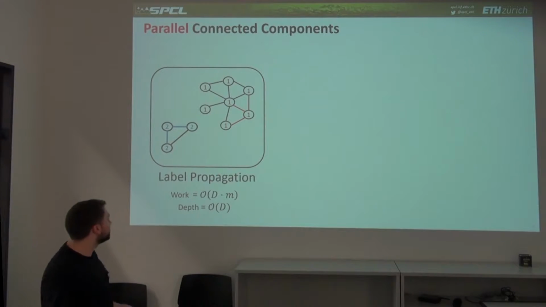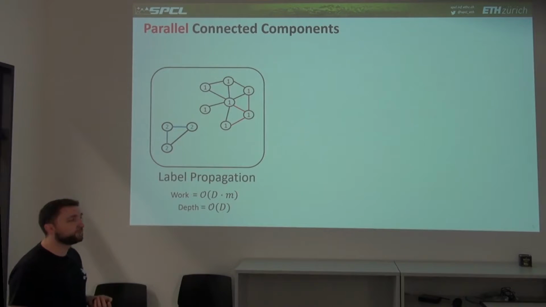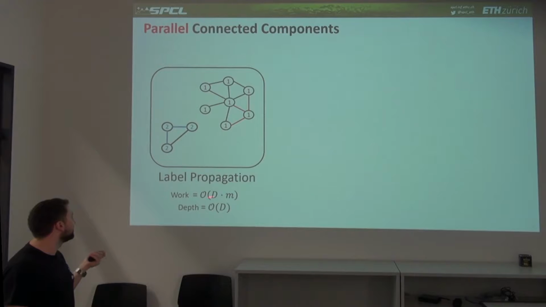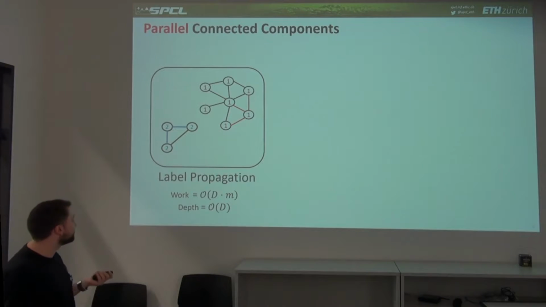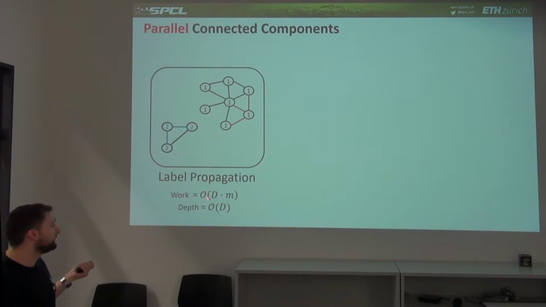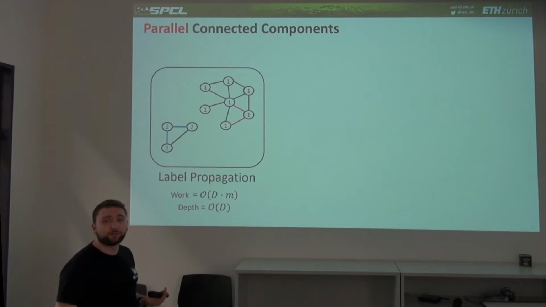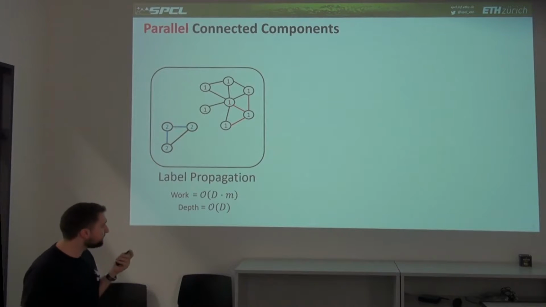Now, I've taken the liberty to add work and depth analyses for each of those algorithms. This uses the work-depth model for concurrent algorithm evaluation. Here, the total amount of work that we are performing for each graph is the diameter of the graph times the number of edges in the graph, and the depth is the diameter of the graph because we need to propagate the information throughout the whole graph.